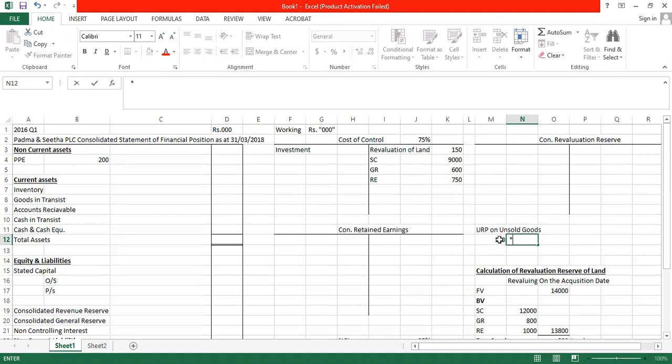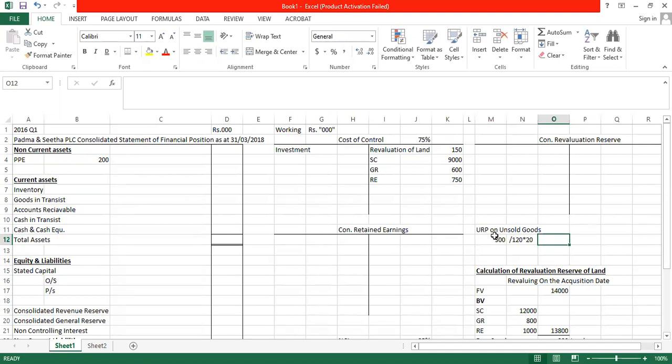So 300 is equal to 120 after adding the 20%. So what is 20?